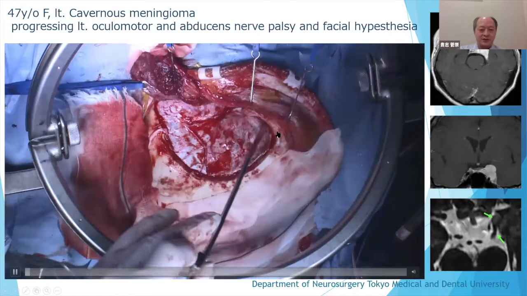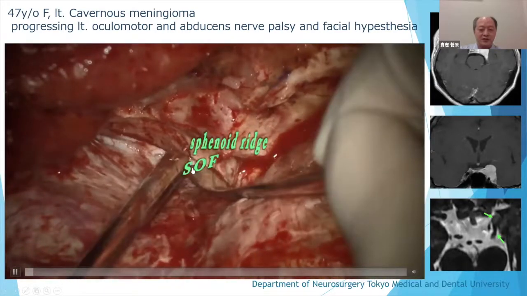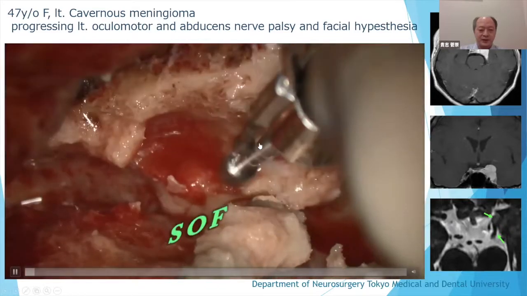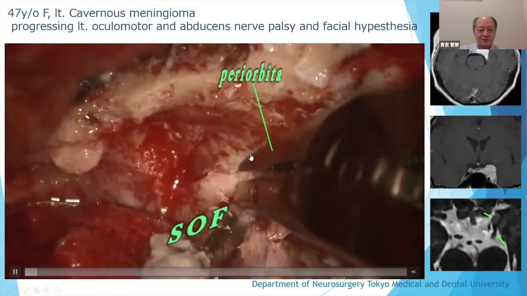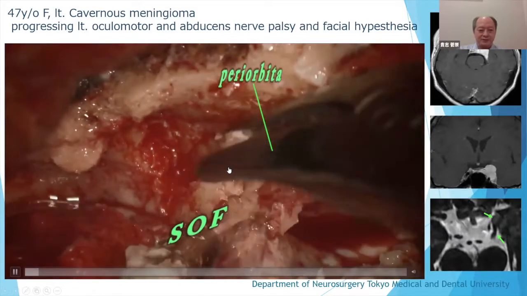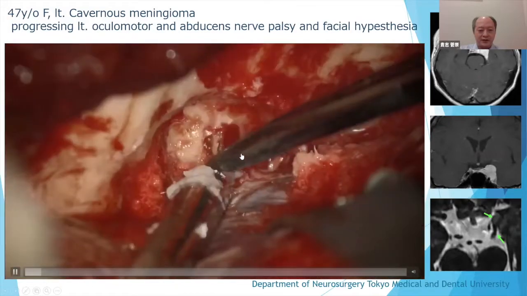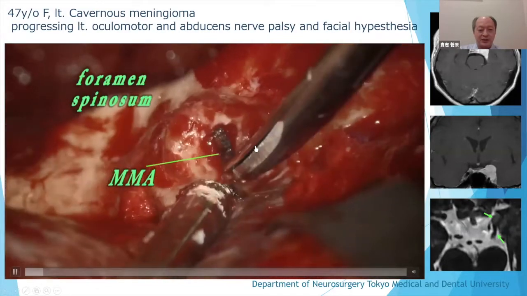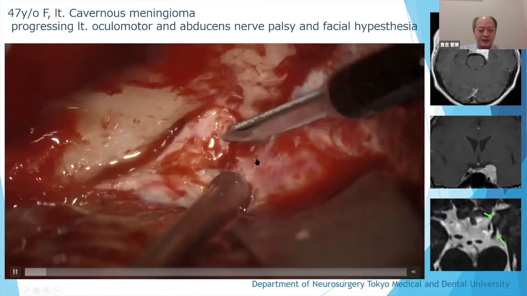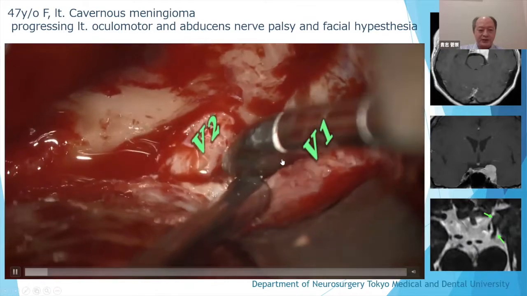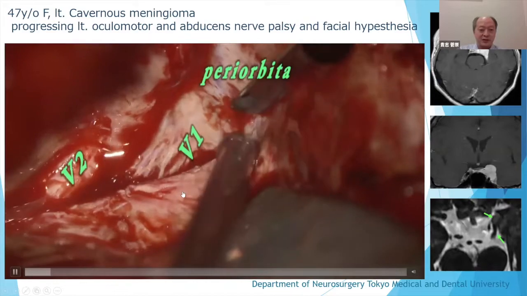From a temporal craniotomy, here's the sphenoid ridge and superior orbital fissure. Unroof the superior orbital fissure this way. This is the periorbita. And this is the middle meningeal artery here, and peel the temporal dura away from the cavernous sinus lateral wall like this.